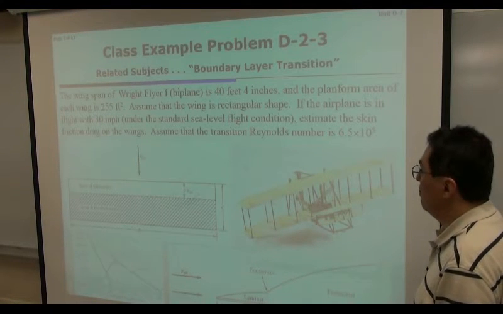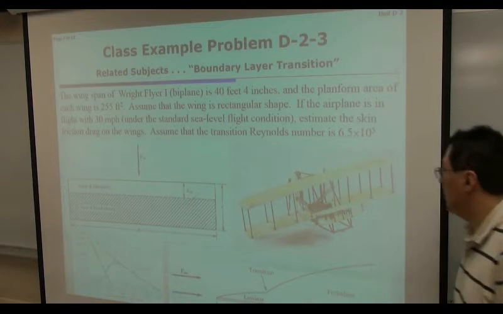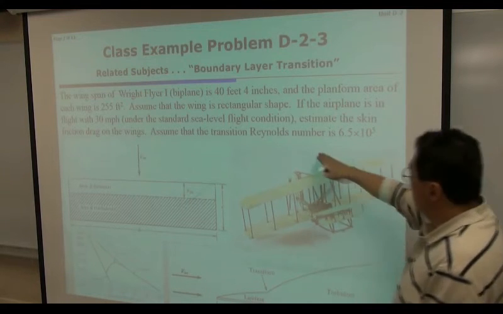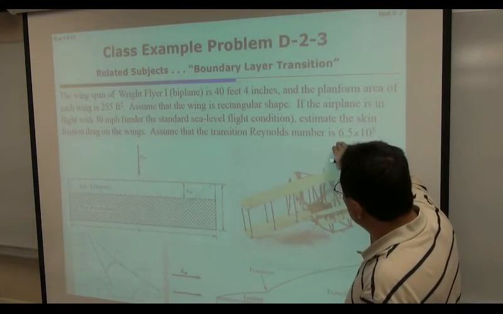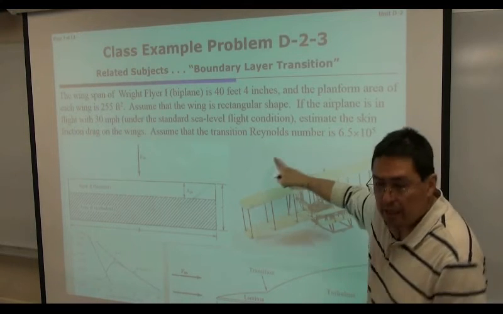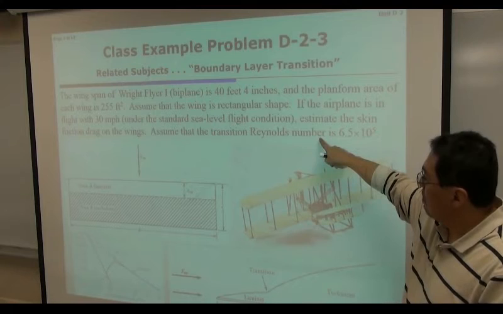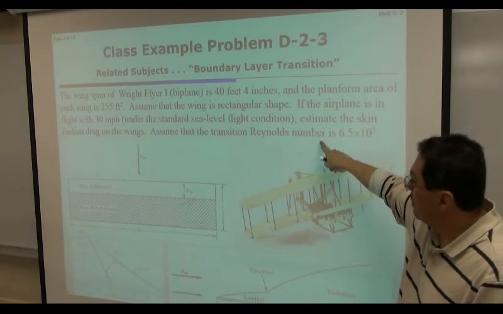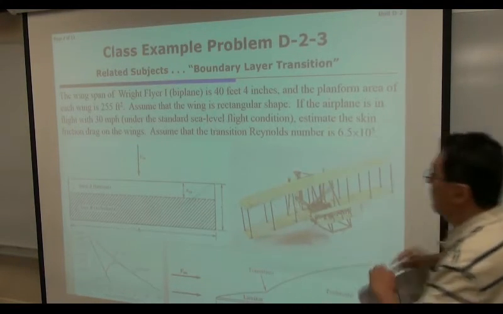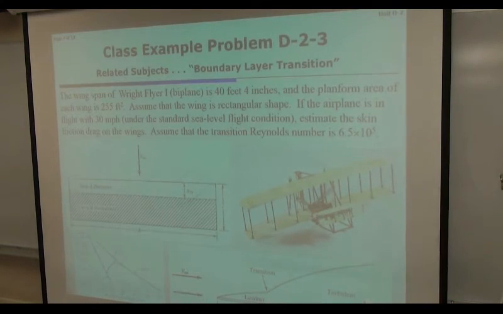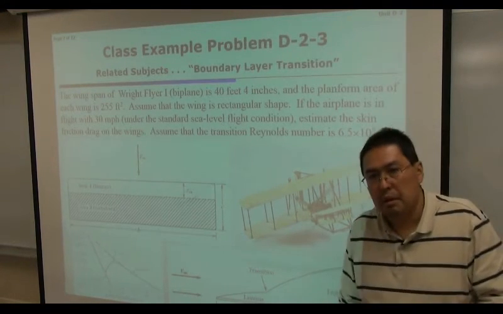Assume that the transitional Reynolds number is 6.5 times 10 to the 5. This is the transition Reynolds number; under this Reynolds number, the flow transitions from laminar to turbulent, which determines this x transition. I'm not going to solve this problem right here.